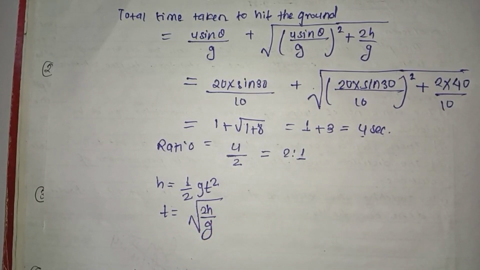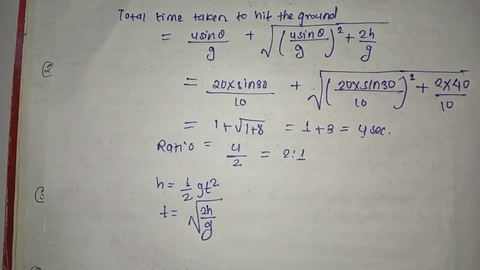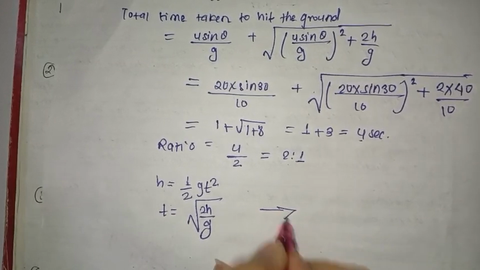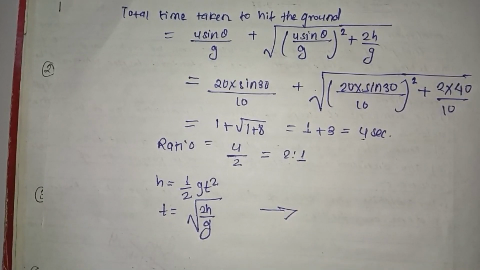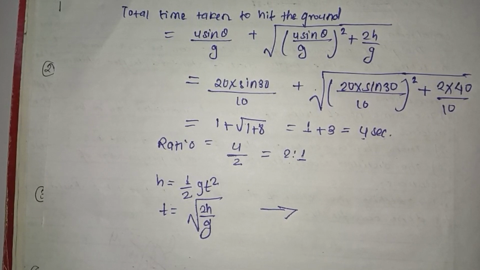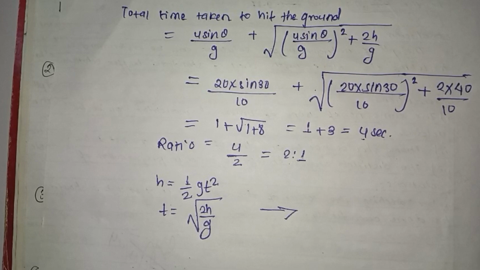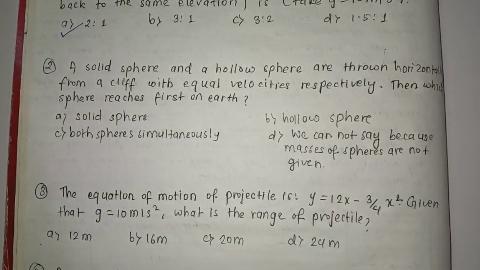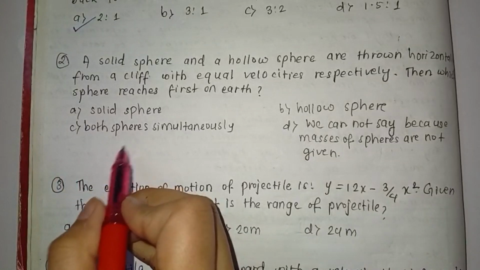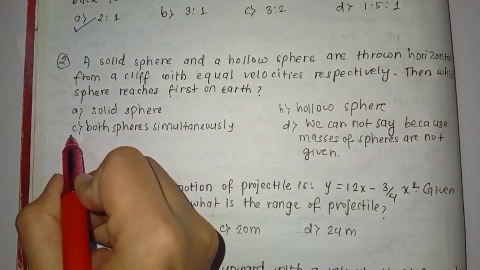However, if the question was about rolling, then moment of inertia would affect the result. But since here they are thrown horizontally, rolling is not involved. So our final answer will be that both reach at the same time. So our correct option is both spheres simultaneously.